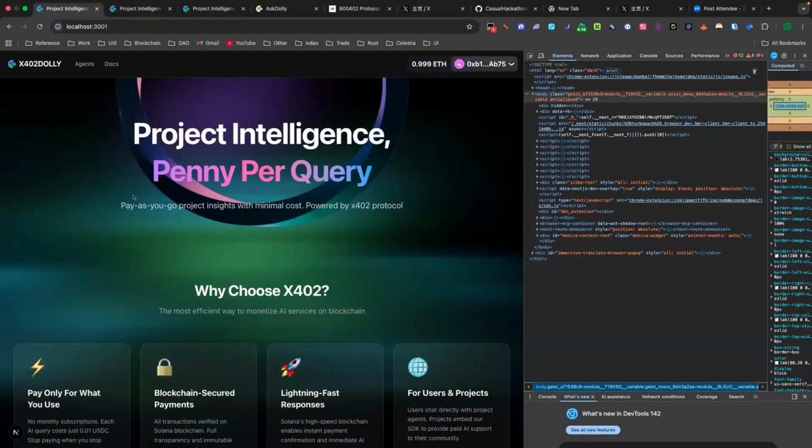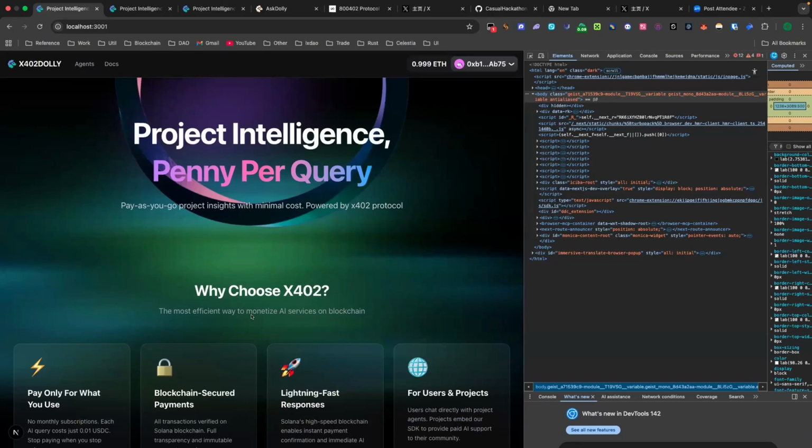So I built this X402 Dolly extension for that, a penny per query, so the user can get their answer at the same time.